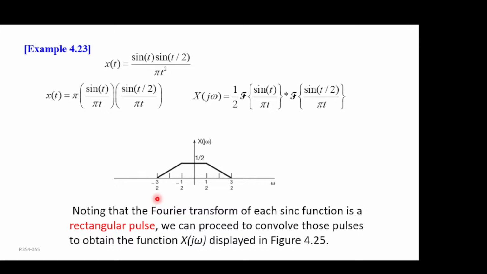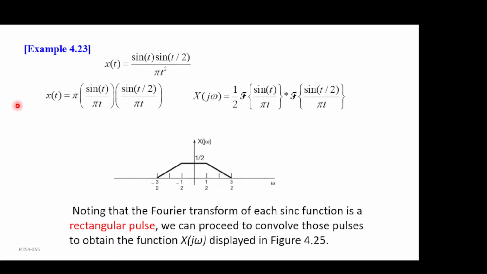Now this is a practical example. We have a signal that looks like the multiplication of two sinc functions: sine t times sine t over 2, over pi t squared.